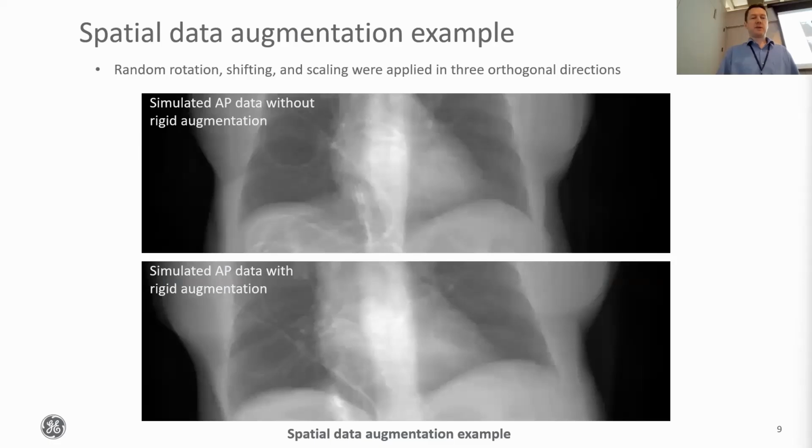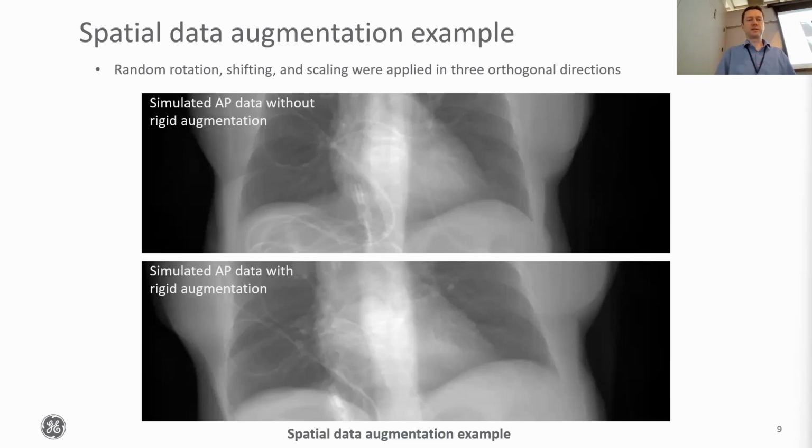This is an example now of some of our simulated CT data. I mentioned that we have a random rotation, shifting, and scaling that's done for the purpose of data augmentation for our training, because we have only about 40 patients that we're using here to generate this data, and we'd like to add some more variability.